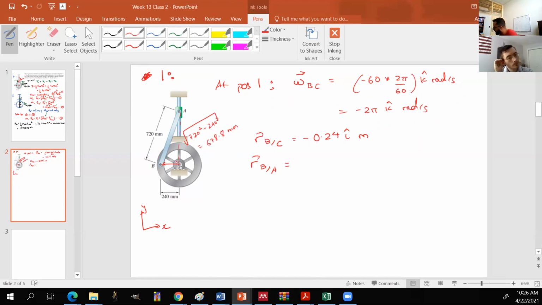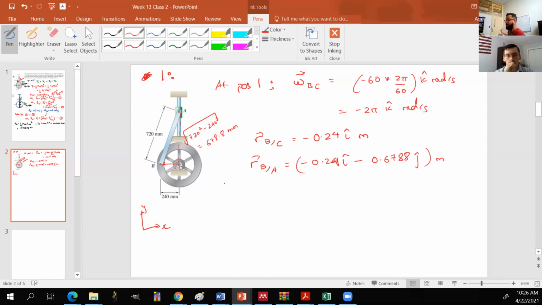So R of B relative to A is just equal to minus 2.4 I hat minus 0.6788 J hat. All right, and that's it. We have everything we need to find out what omega AB and VA are in this position.